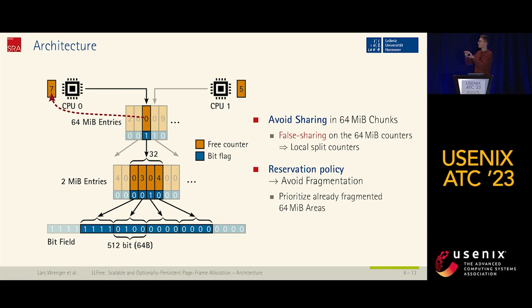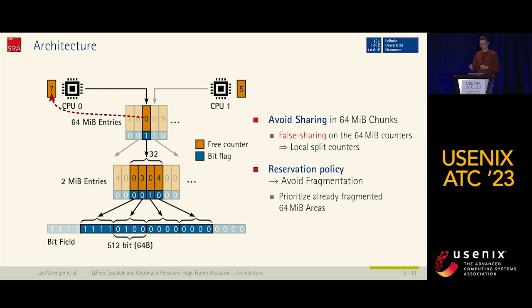And what those 64 MB entries also allow us to do is to define a policy that specifies which 64 MB area is reserved next per CPU. And with this policy in our paper, we defined it in a way to avoid fragmentation.